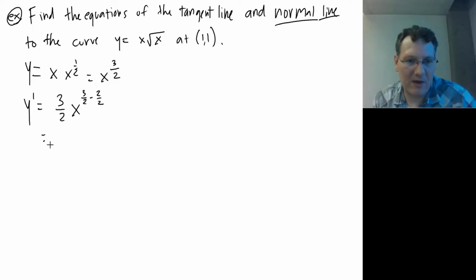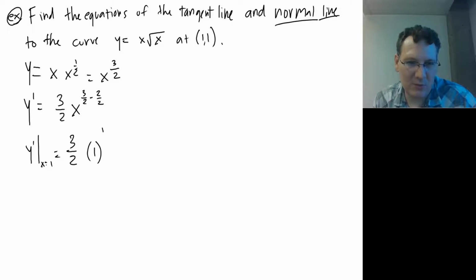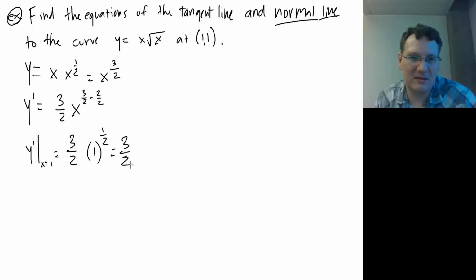But if we wanted to evaluate it, let's evaluate y prime at x equals 1. Well, it's going to be 3/2 times 1 to the 1/2, which is just 1. So this is 3/2. So at this point, the slope is 3/2.